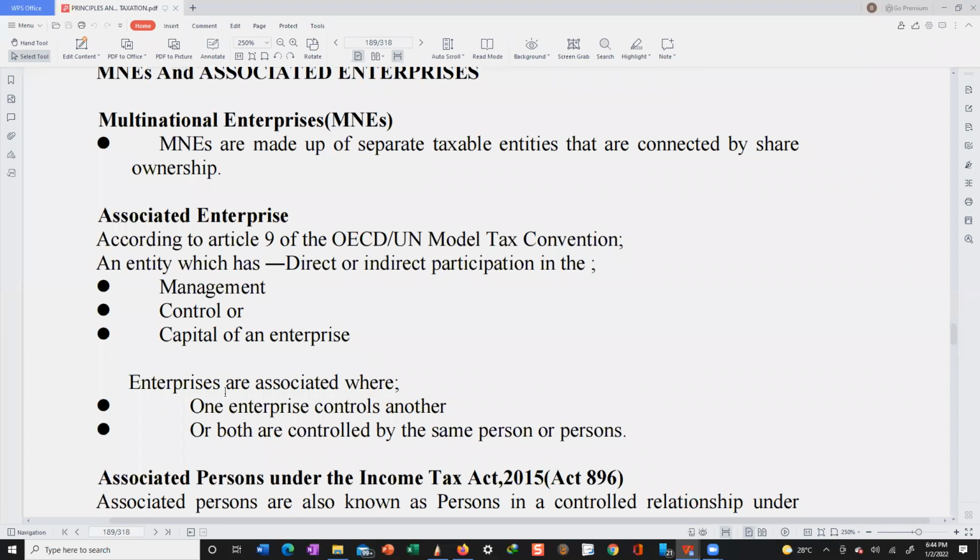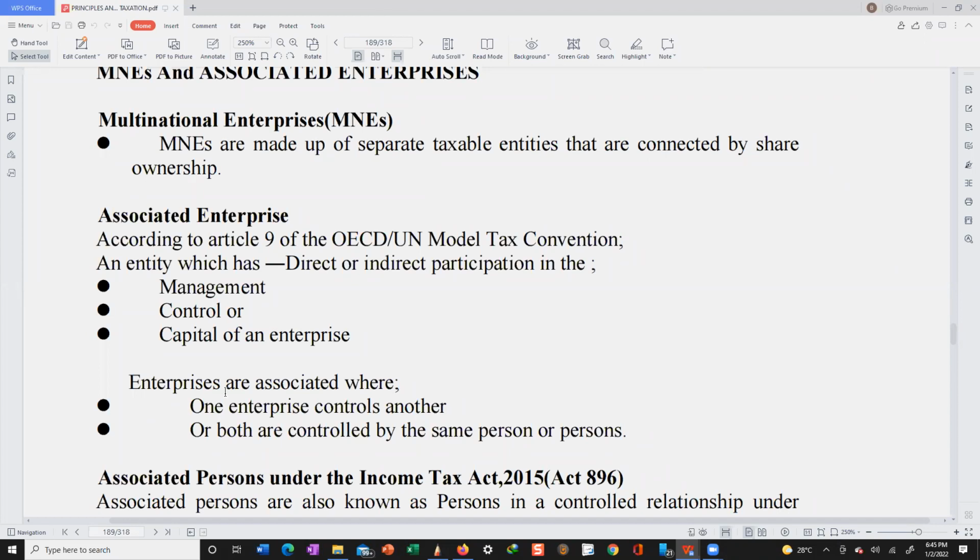Now, if you've done accounting before, we have an accounting standard that deals with associated enterprise, which we call related party transactions or related party disclosures under IAS 24. So this standard deals with related persons, and the transfer pricing regulations also apply the standard.